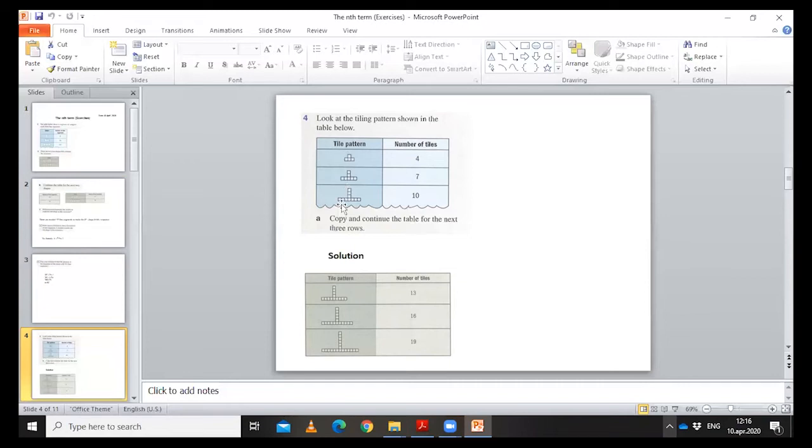In the third pattern, we had 10. That's why we had 1, 2, 3, 4, 5, 6, 7 horizontally and 3 vertically, not considering the one in the base. You understand, I guess. That's why I have plotted the left-hand side of this table in this way. Okay, this is very important.